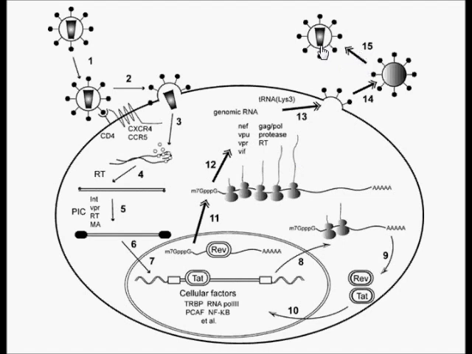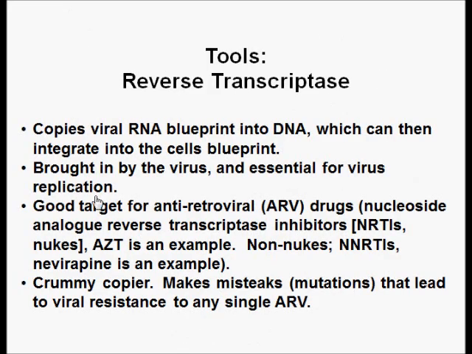Once that's going, you have an active viral particle. So once protease cleaves things up, your virus becomes active and able to infect. At that point, you express GP120 and GP41. Again, those are the address labels on the outside, and the cycle starts over again. So let's talk about some of those tools in a little more detail.